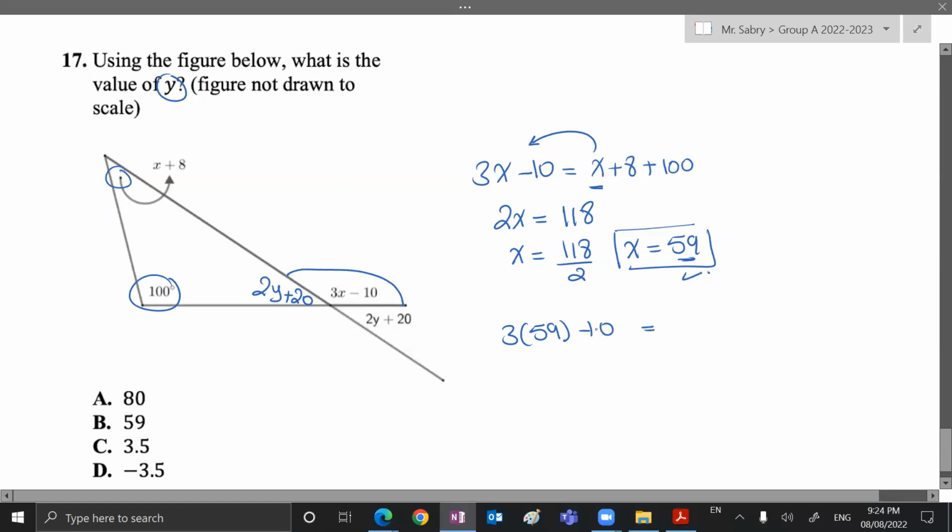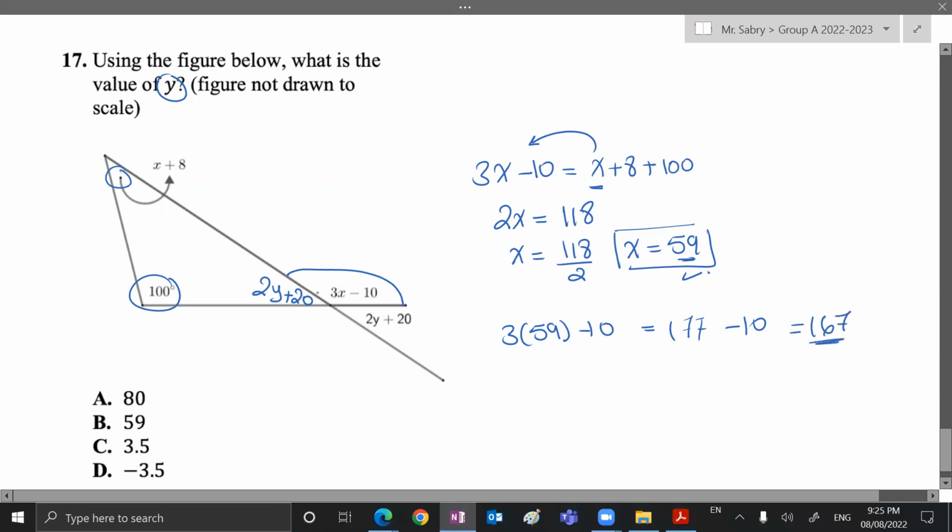3 multiplied by 59 is 177. So 177 minus 10 equals 167.